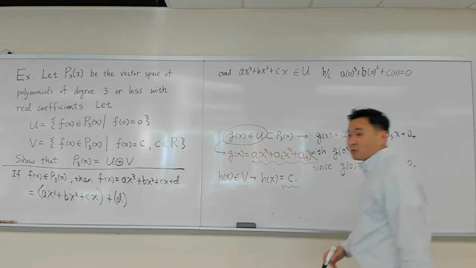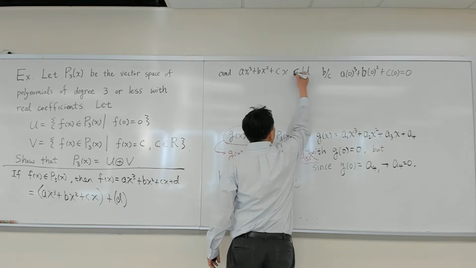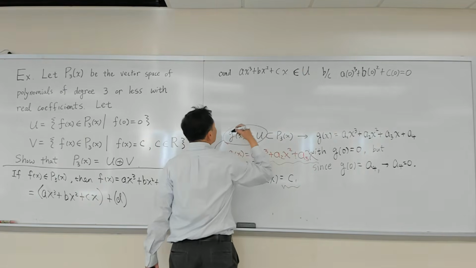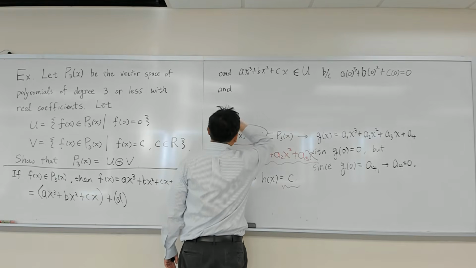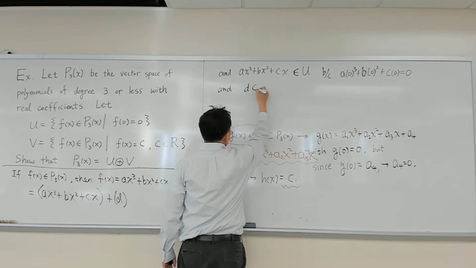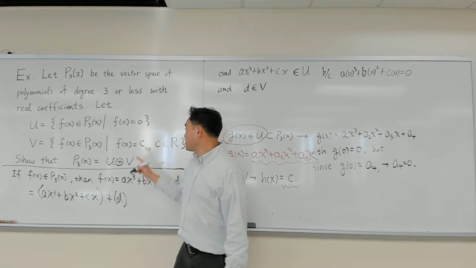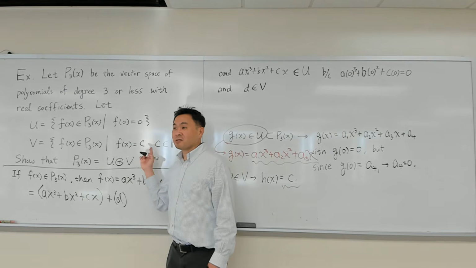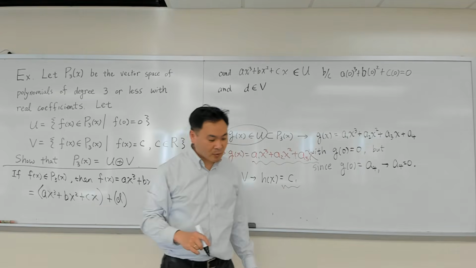That's the description of U. So we've shown that this part is in U. And d is in V by definition. It's only taking constant functions, so it's just the constant, so that's that.